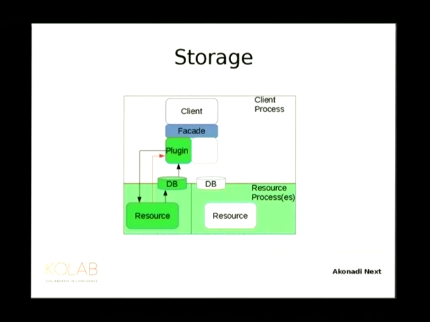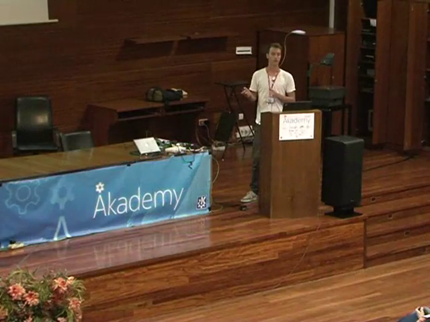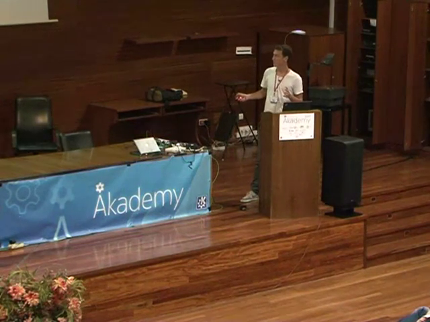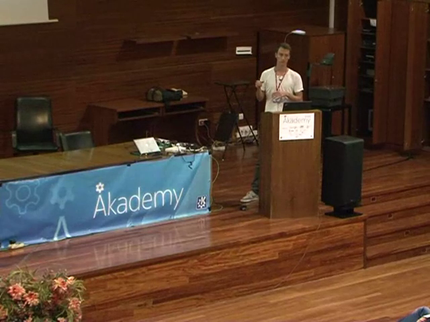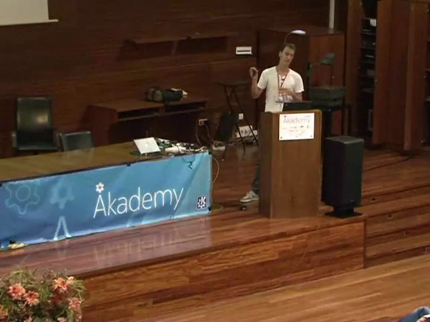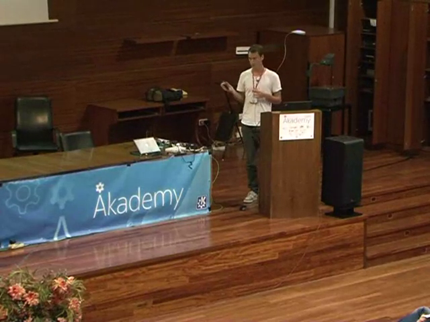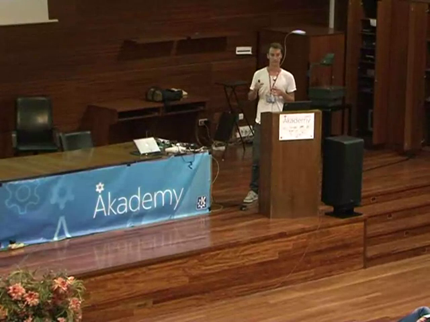So to clients, it still looks like it works against the unified storage. The facade itself loads various plugins for the different resources it works with. The database that we have is shared between the resource process and the client process, which allows the client to load the data directly from disk. It doesn't have to access the resource first.